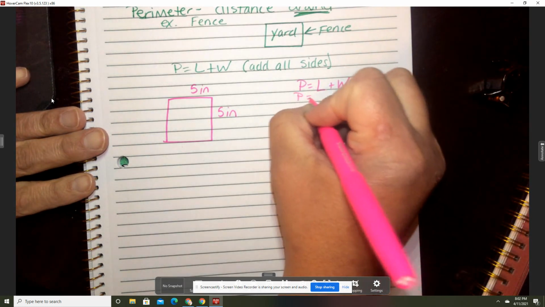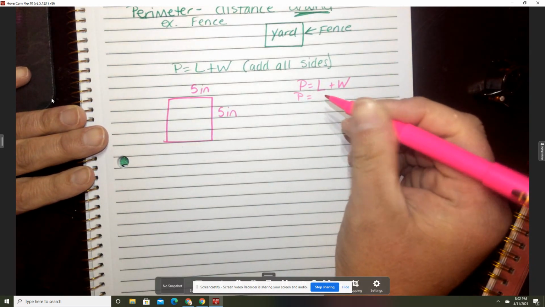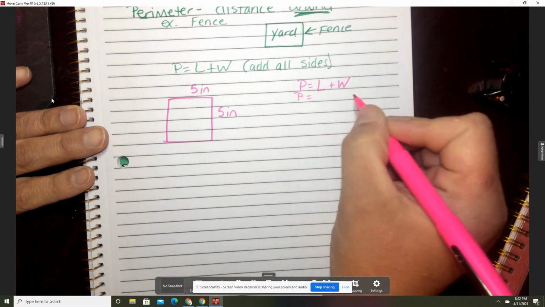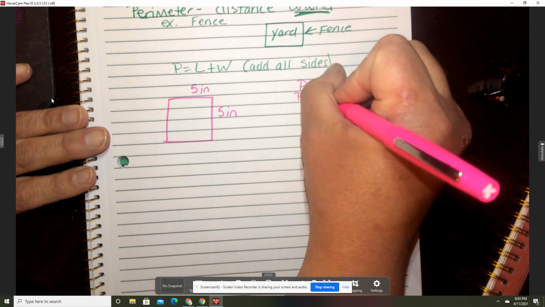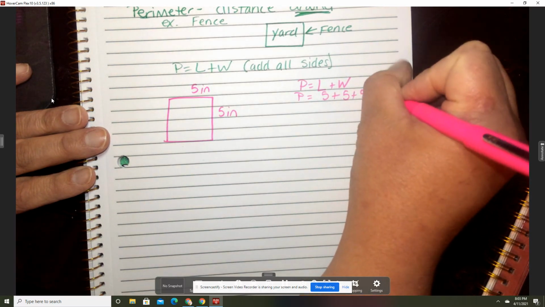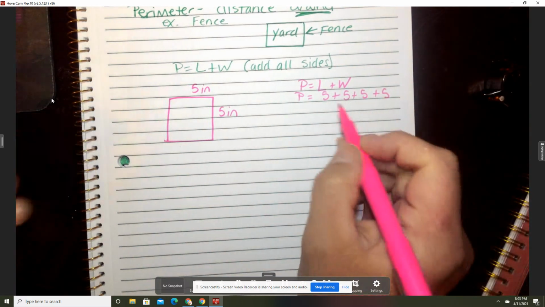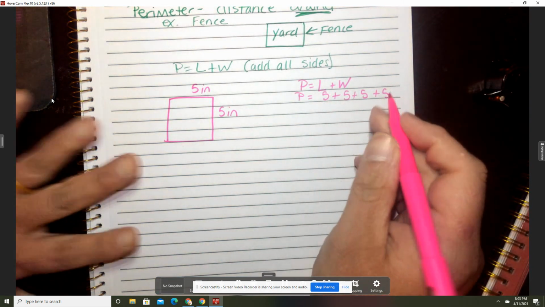With perimeter, I like to put in the second line everything we're adding up, all of the sides. It might seem silly, but I'm going to write 5 plus 5 plus 5 plus 5. So I have written it down. I know that I need to add up all of those sides.